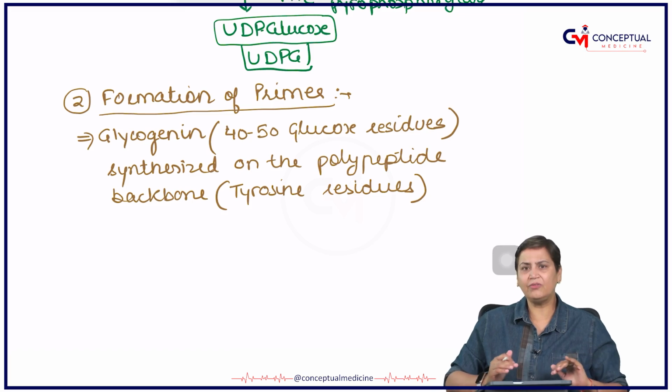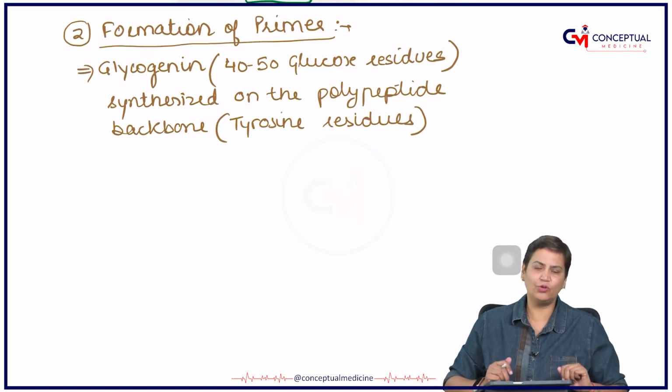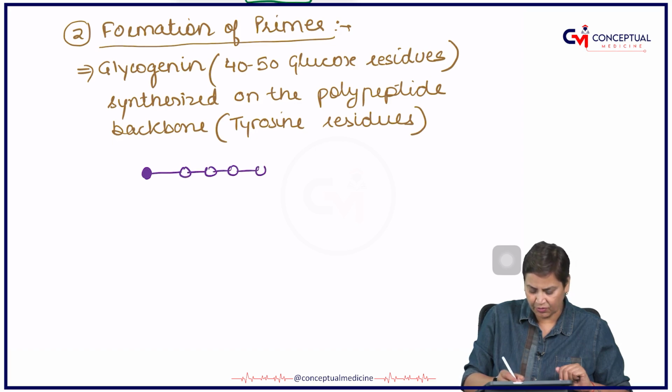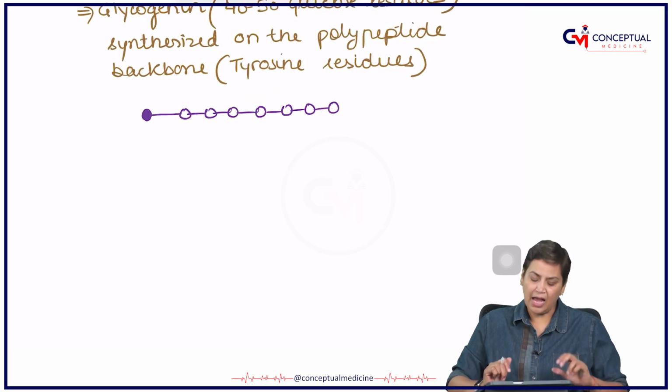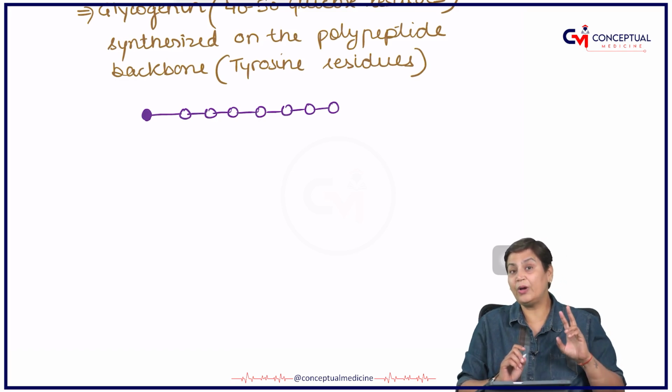So glycogenin will come and it will simply help in alpha 1,4 glycosidic linkage. So I can simply say that, say if this is glycogenin, it will help in the formation of glycogen like this. Now the thing is that we have to make alpha 1,4 linkage. So there will be two activities at the same time.